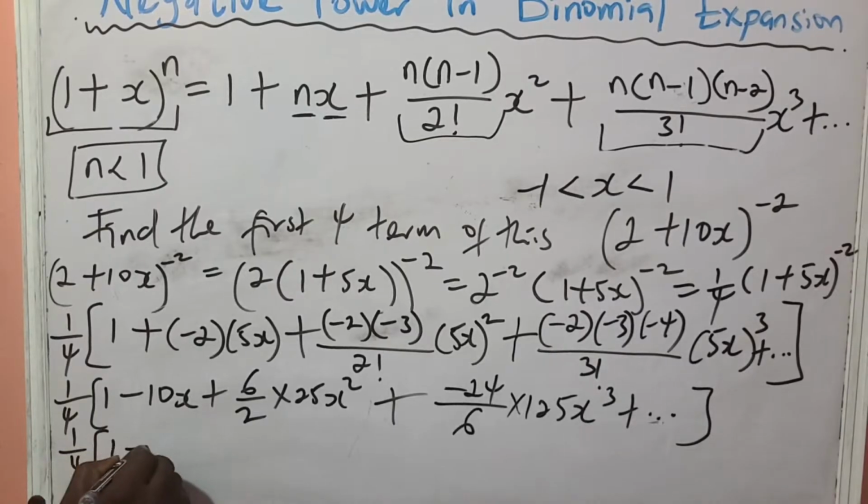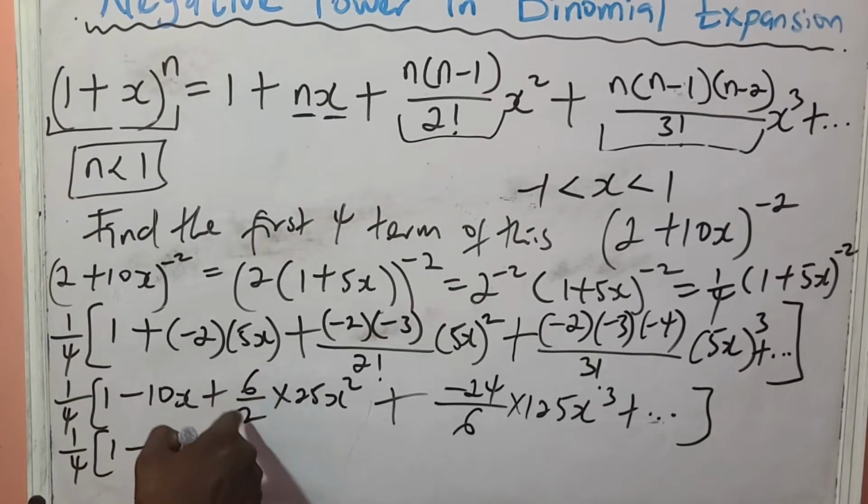Then I have 1 minus 10x. 2 will go in 6, 3. 3 times 25 will be 75. That will be 75x squared.